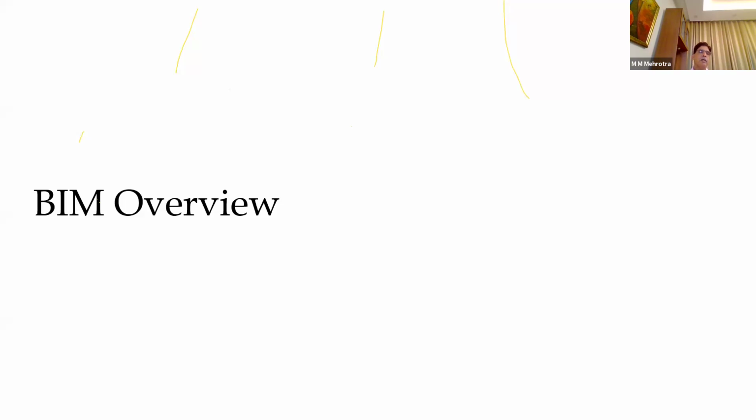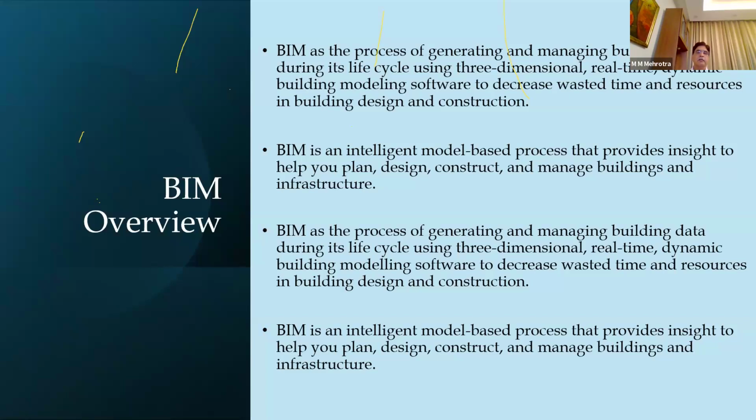BIM is building imagery module, right? BIM is a subject in itself. It's only to tell you there is something called BIM which is extensively used these days in our constructions.